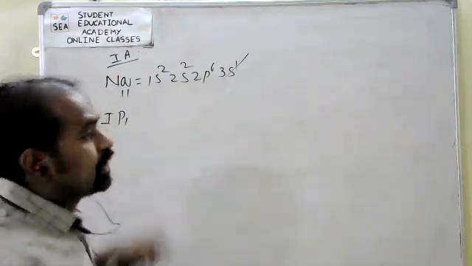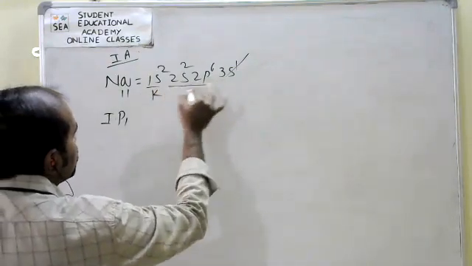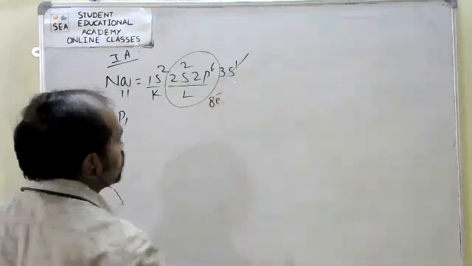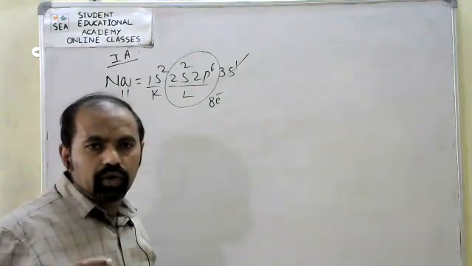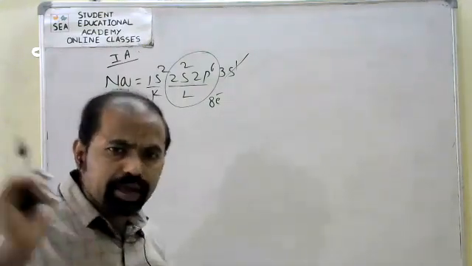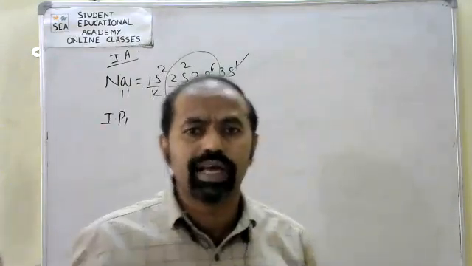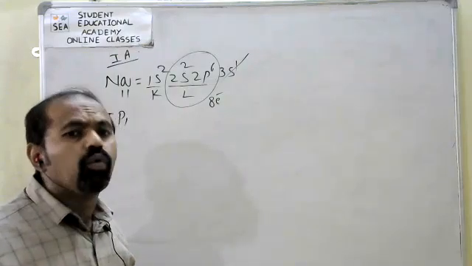After removing this electron, the remaining L shell, the valency shell, contains 8 electrons. A valency shell having 8 electrons means it is highly stable, the inert gas or noble gas electronic configuration. According to the octet rule, it is more and more stable.